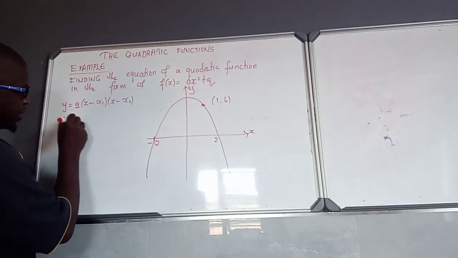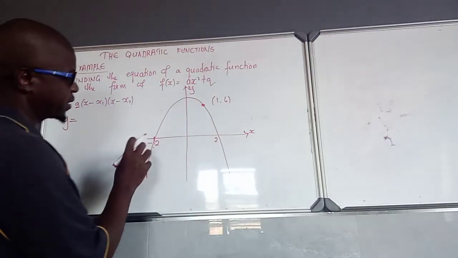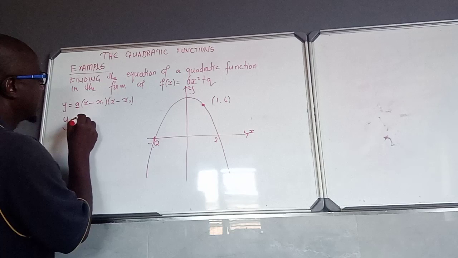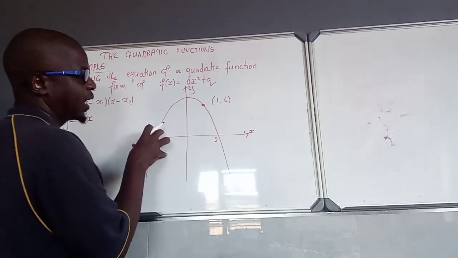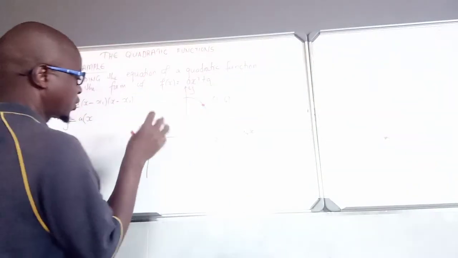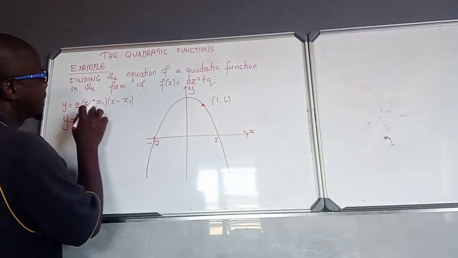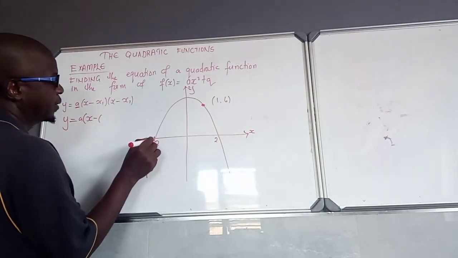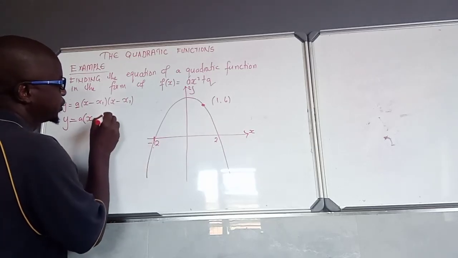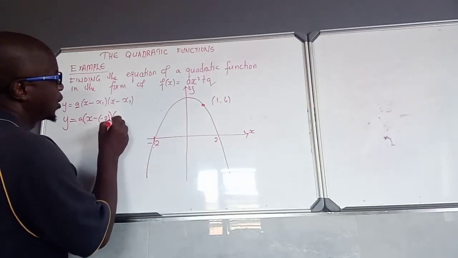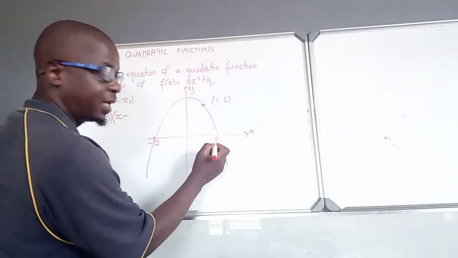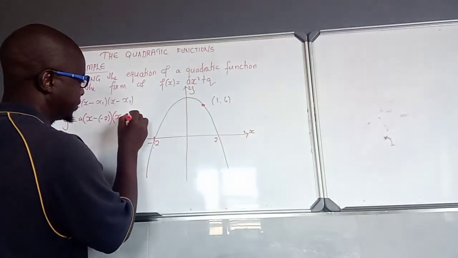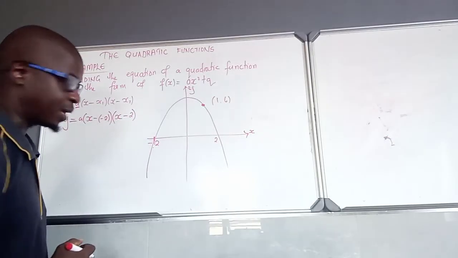We have y equal to, first things first, I'm going to write my a as it is, and my x. I'm going to take either this point or that point. So I can start with this one: (x - x1), that's x minus -2, close my bracket, open this bracket, x minus another x, which is +2, and close my bracket.